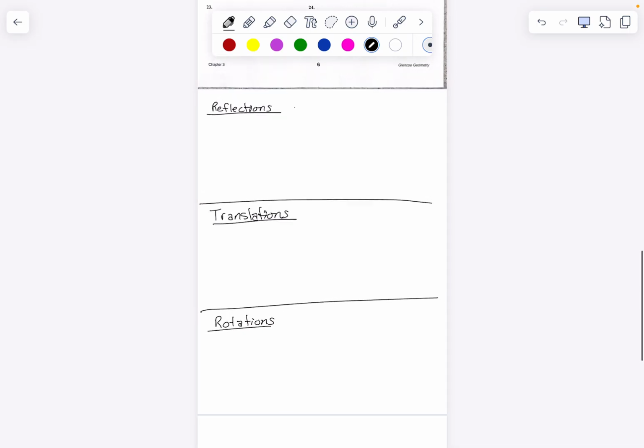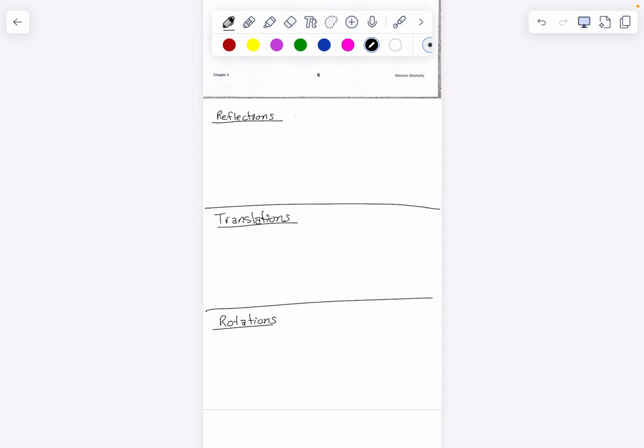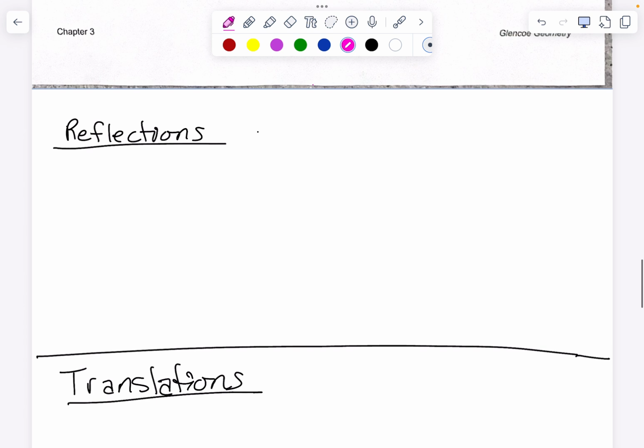Okay, reflections, translations, rotations. And we've talked about this in Chapter 2, like in 2.4, I think it was, when we did these things. So section 4.1, if we would have done it, talks entirely about reflections. The 2 reflections that we talked about were reflecting over the x-axis. I'm going to split this into 4 chunks here.